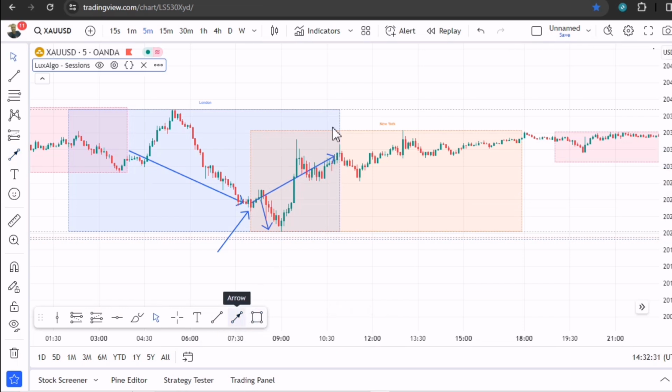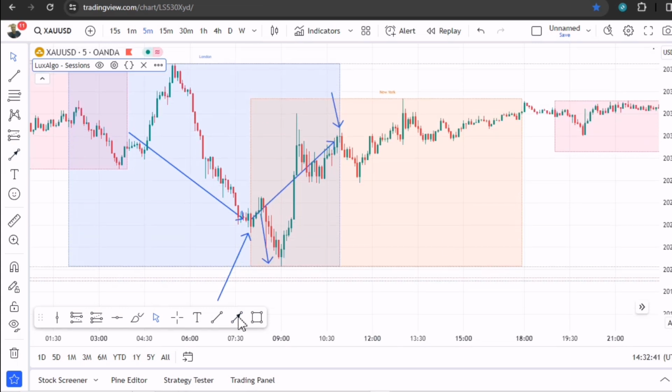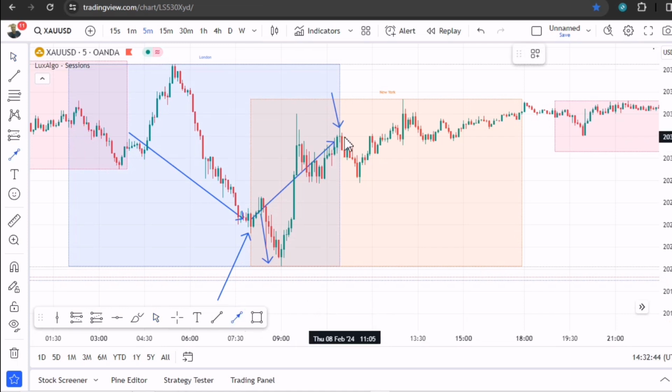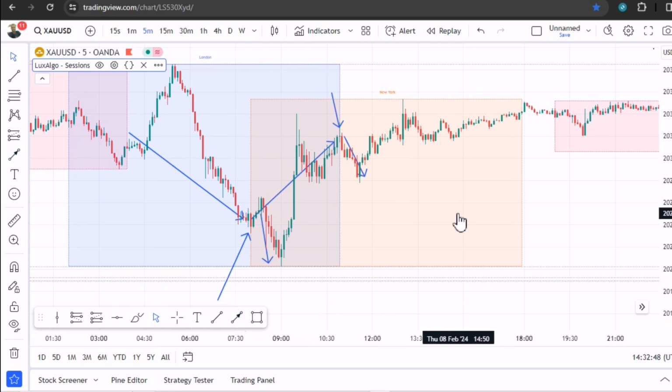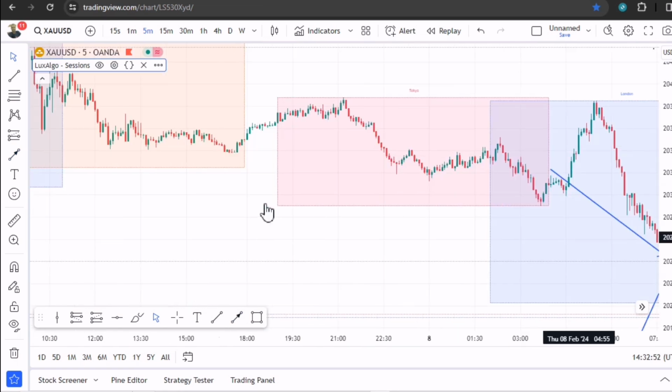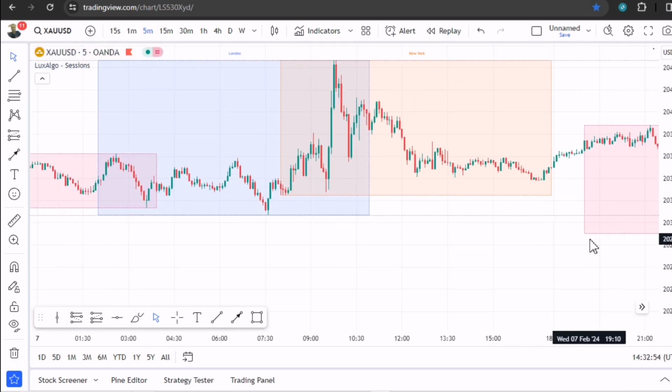So right here, you place your sell trades with a bigger lot. Remember, you want to cover your loss. You place your sell trades with your bigger lot so that you cover your losses with this opposite move. So this is how you are supposed to play around with this thing.